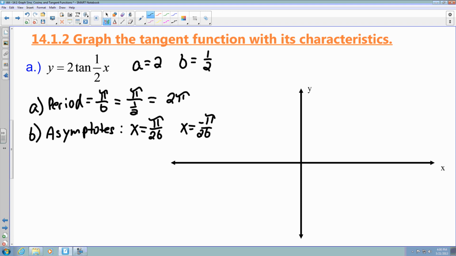So for this particular equation, we're going to have x equals pi over 2 times 2 pi, which is going to give me 1 over 4, and x equals negative 1 over 4.